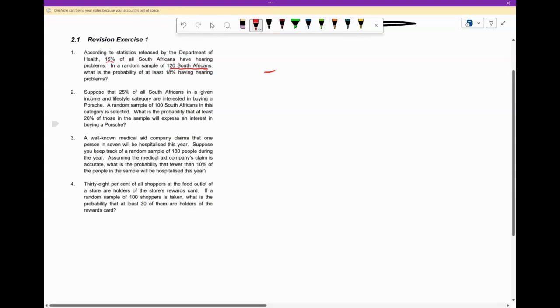In a random sample of 120, what is the probability of at least 18% having hearing problems? The average in terms of the population that they gave us is 15. They said according to the statistics realized by the Department of Health. So here, this is then your mu. Let's just redo that again.